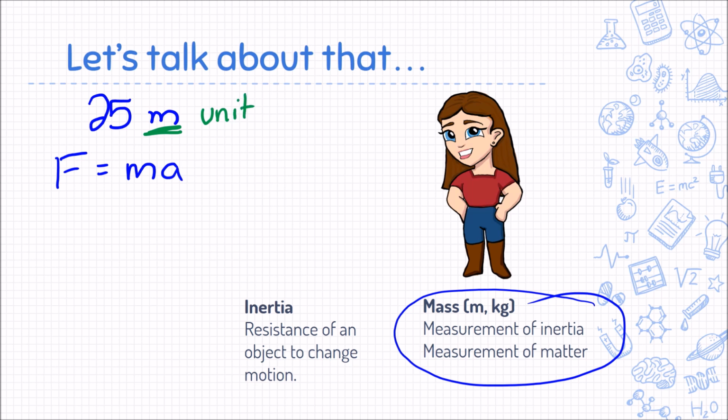So our unit, little m, is meters. So this is representing meters. When we have an equation, lots of letters put together with an equal sign in it, this m represents mass. So we have to be careful with what unit we're thinking about.